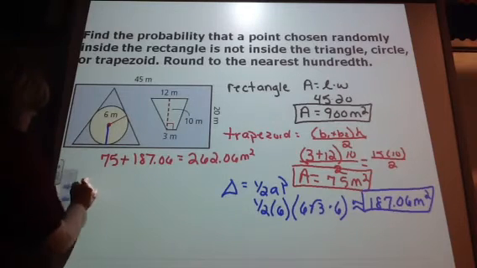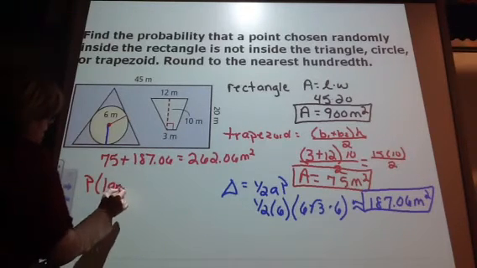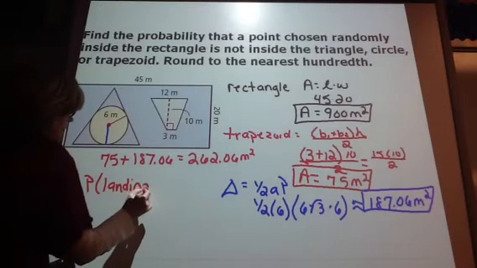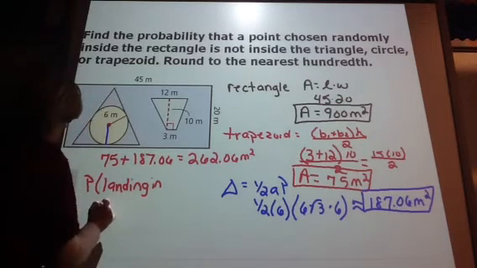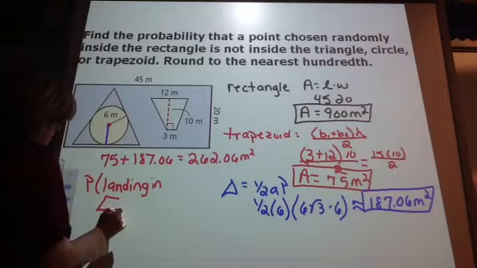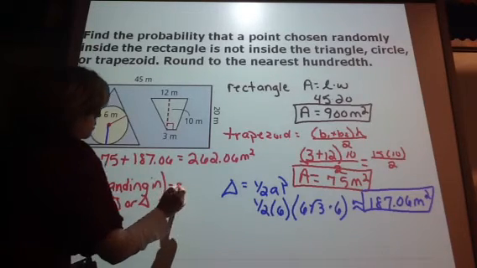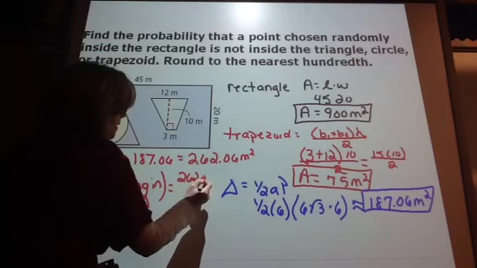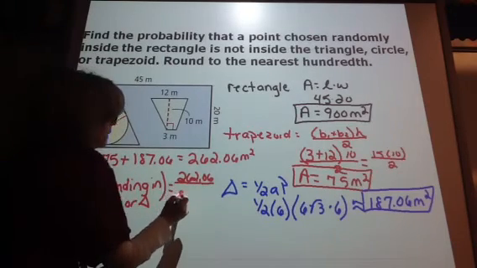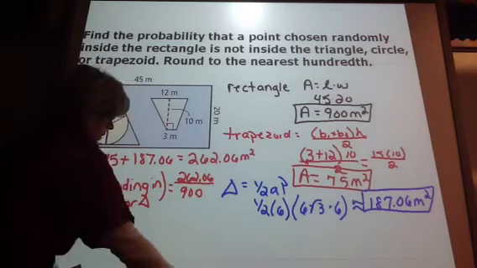So the probability of landing in the trapezoid or triangle would be 262.06 over the 900, but that's not what we want.